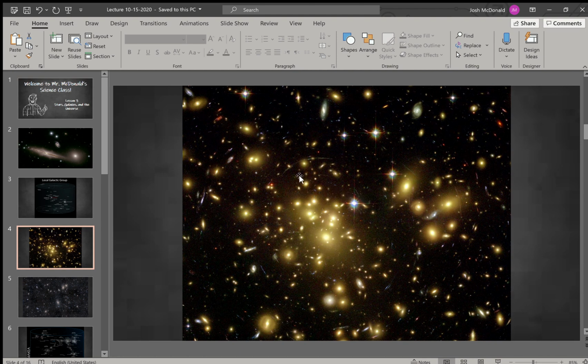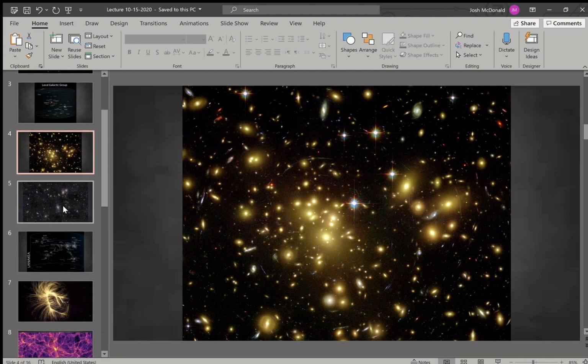Some places, the space between galaxies can be as few as 1 atom per meter. So I want you to think about, a meter is about 32 inches. Think about 1 atom per meter. That's pretty sparse. But again, everything held together with gravity.